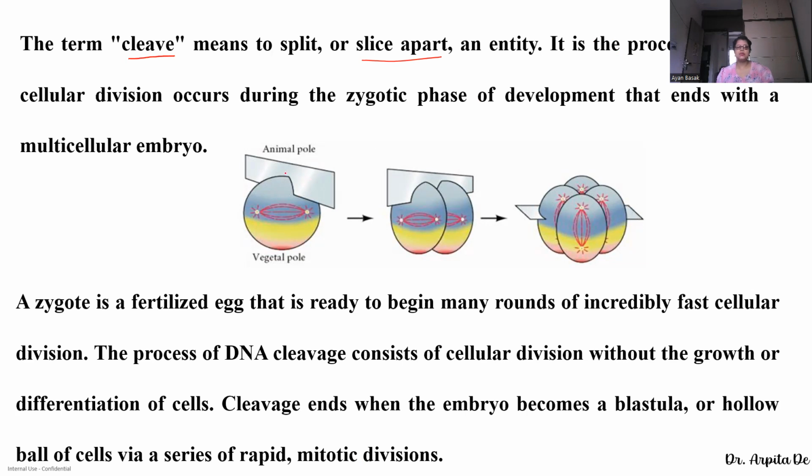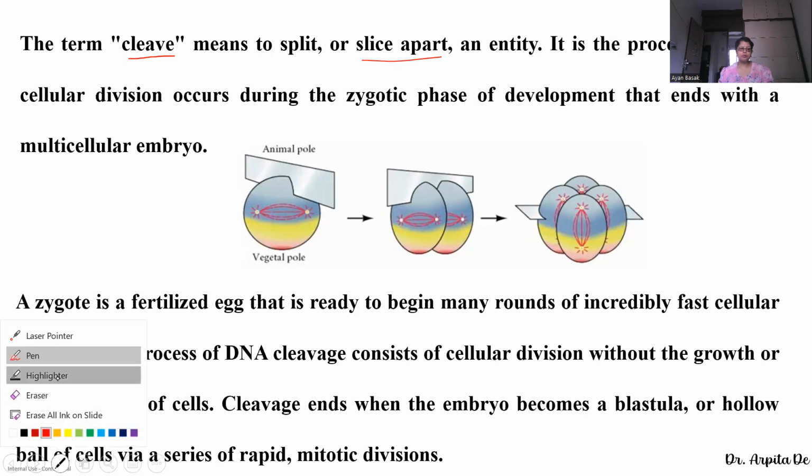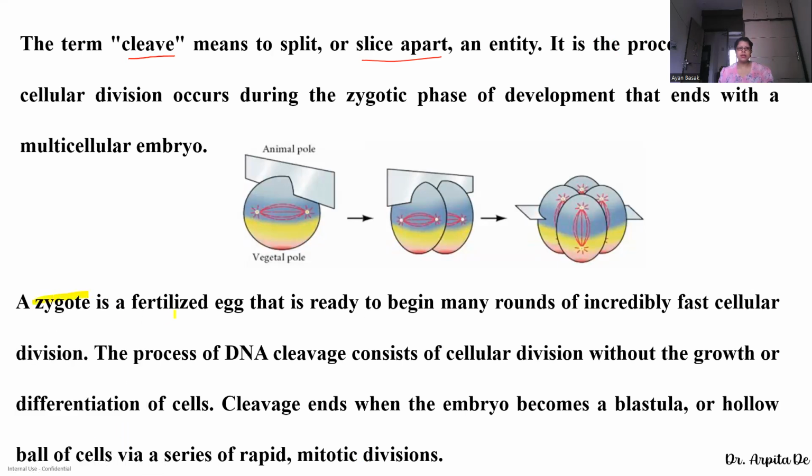You see, this is being split, cleaved subsequently, and what you get finally is a multicellular embryo, right? A zygote is what? You all know that by now. A zygote is the fertilized egg.